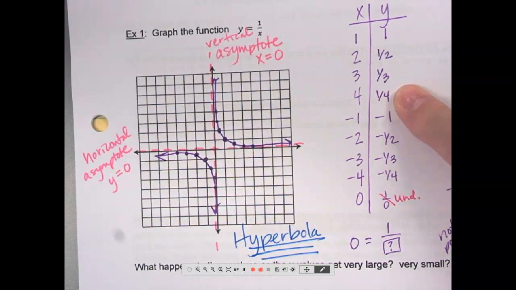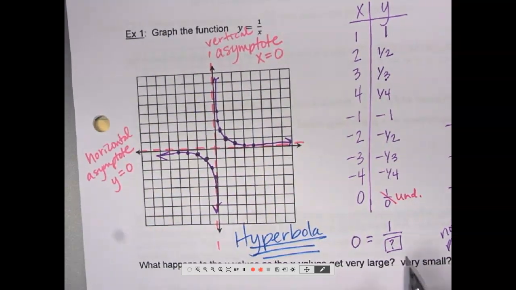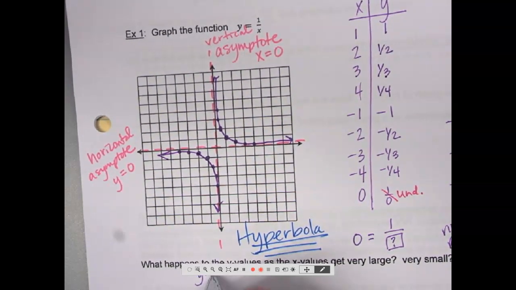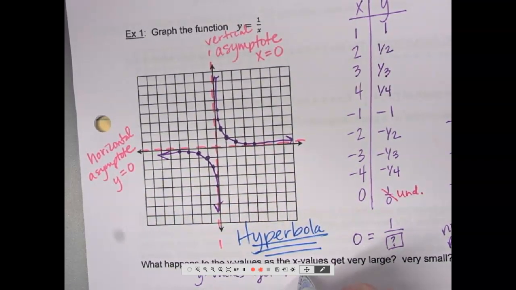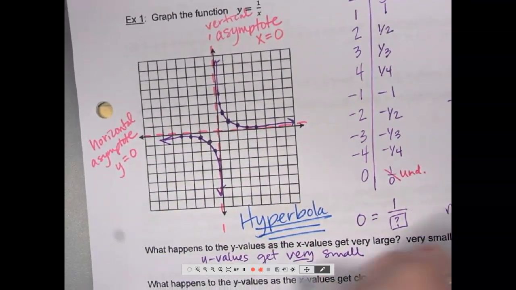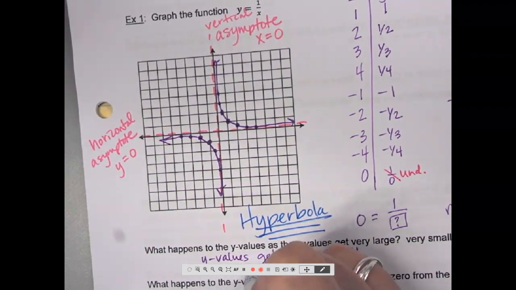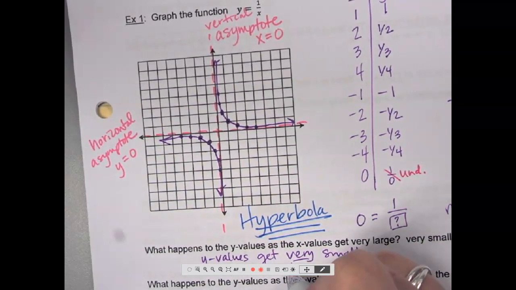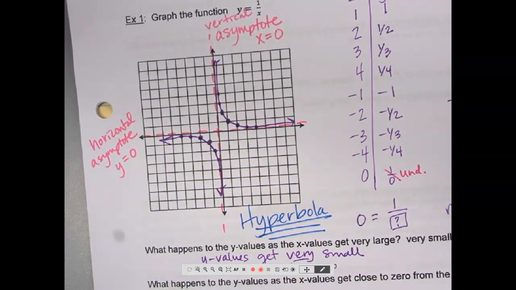They would get incredibly small and really close to what number? Okay, so the y values get very small and closer to 0.